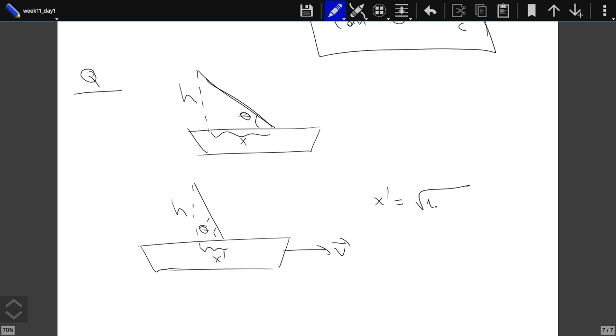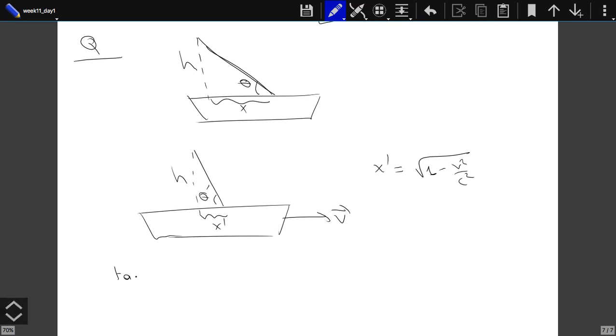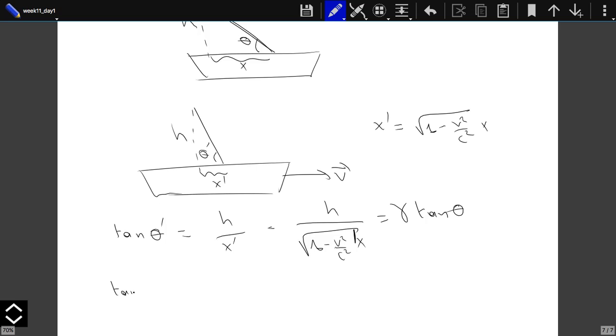This is equal to the exponential of a del over del x prime operator acting on psi. This is equal to the exponential of minus I over h bar a times I h bar del over del x prime acting on psi, which is px prime psi.